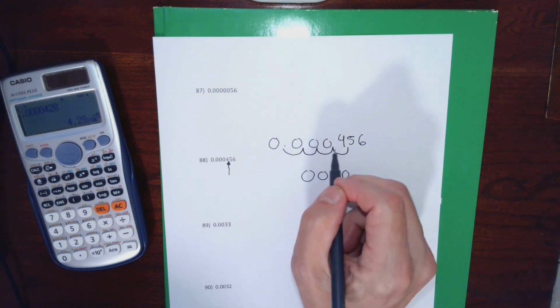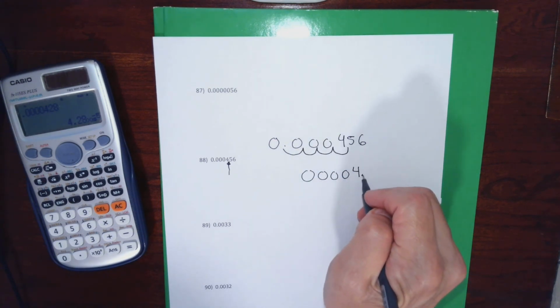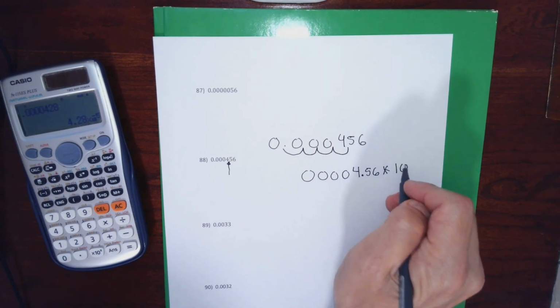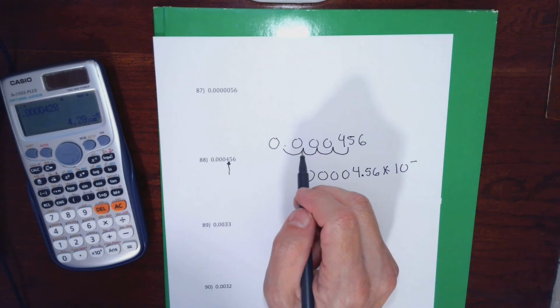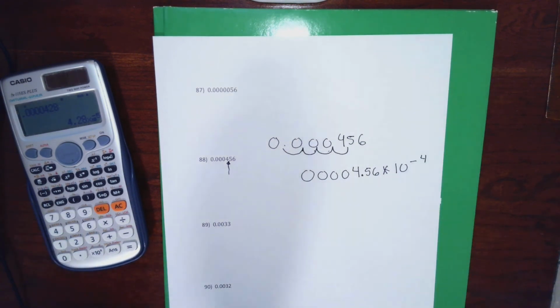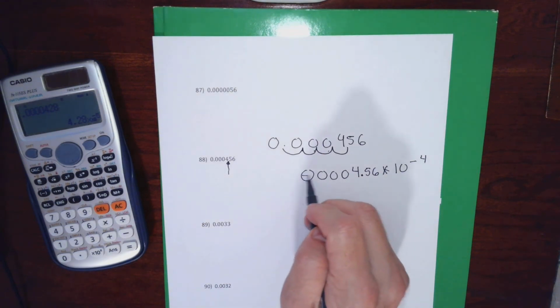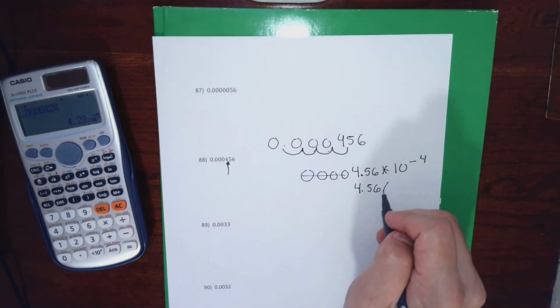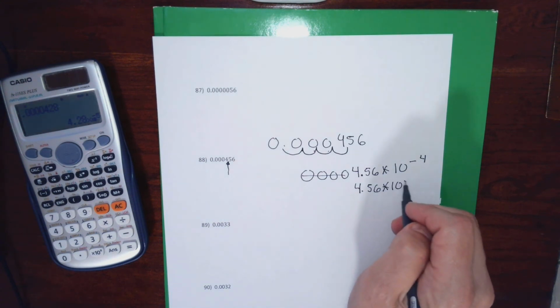That first 0, the next 3 zeros, 4.56. When I move the decimal to the right, I get a negative exponent, and I moved it 1, 2, 3, 4 times. So the exponent should be negative 4, and I could suppress the zeros at the beginning and get 4.56 times 10 to the negative 4.